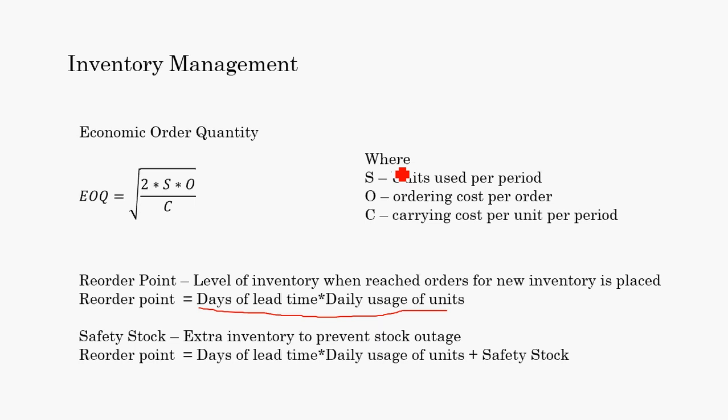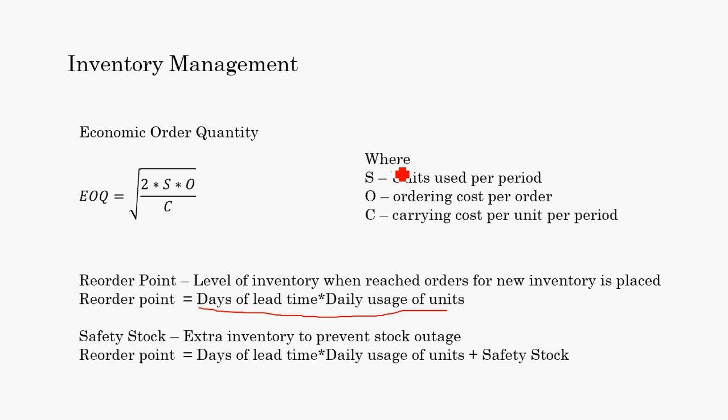So these 3 days is the lead time for your order. You have to ensure that you already have inventory to cover these 3 days. So when your inventory level reaches a point where you have only 3 more days of inventory, you will place the order for new inventory. So the reorder point is the days of lead time into daily usage of units.